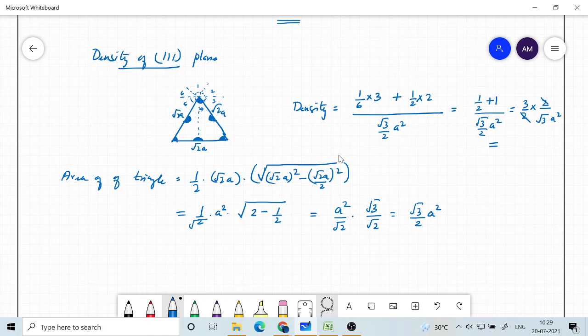I think I made a mistake somewhere. Oh yeah, so there are 3 such half atoms. There are 3 such atoms. Okay, so this is basically 3 by 2.